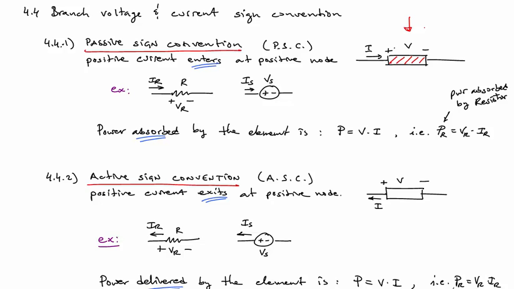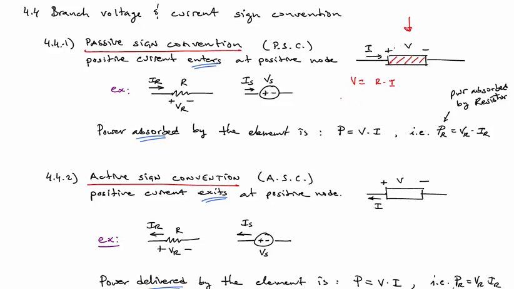Strictly speaking, passive sign convention is the labeling of branch voltage and branch current such that positive current enters at the positive node, just like I've drawn it here. What's nice about that is that if you have a resistor, then you would say that V is equal to R times I. You've labeled the current properly relative to the voltage, such that V, the one that's labeled, is equal to R times I, the current that's labeled.